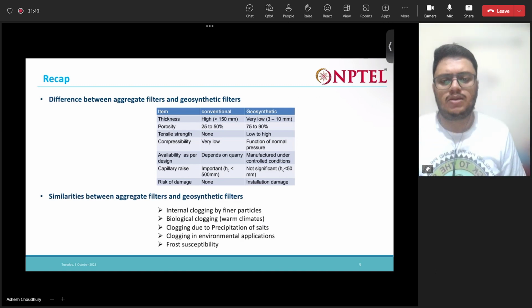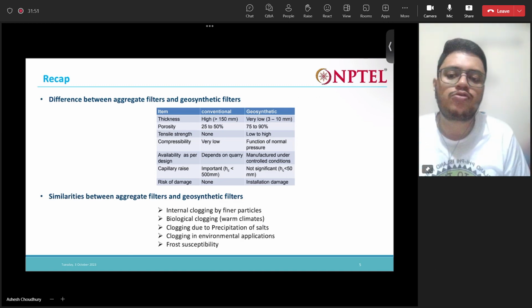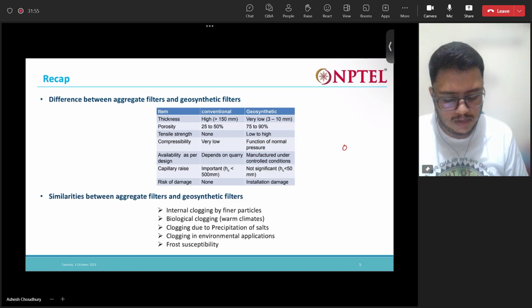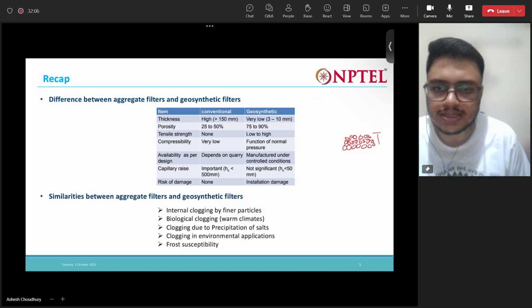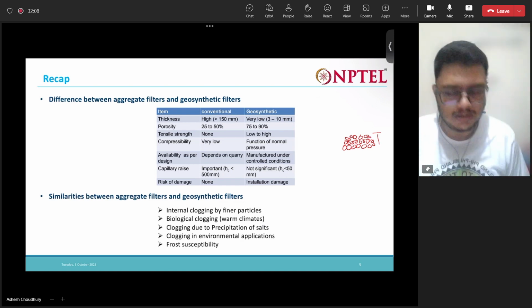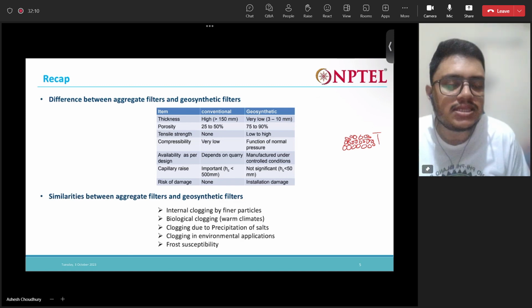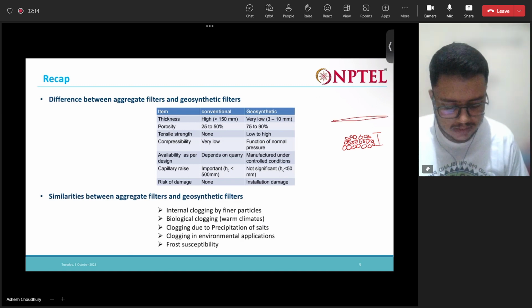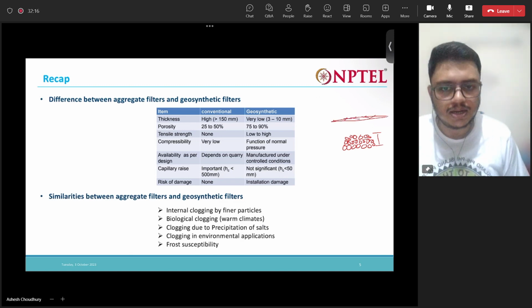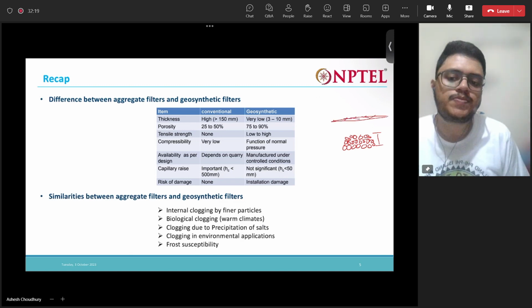The thickness: you have to use a high thickness of aggregate filters, putting some soil aggregate like this. The thickness of the layer is quite high, greater than 150. If you use geosynthetic, just a layer of geosynthetic, say geotextile, will serve the purpose, so the thickness is very small.